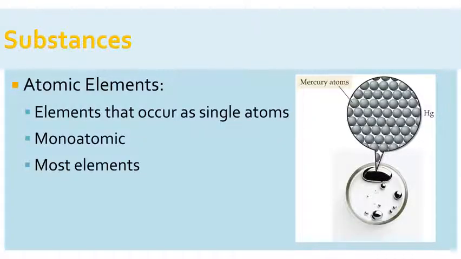Substances, continued. Atomic elements are elements that occur as single atoms. I call them monoatomic, which are most elements. Here we have mercury.